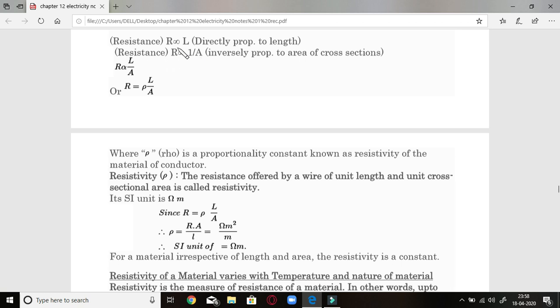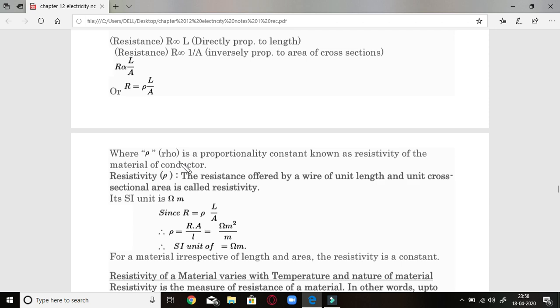If we combine them together, R is proportional to L upon A. But still, you know that with this proportionality sign we cannot solve numericals, so what we need is an equal to sign, but a constant of proportionality is certainly required here, and this proportionality sign is replaced by rho. Okay, and this rho is known as the resistivity of the conductor.